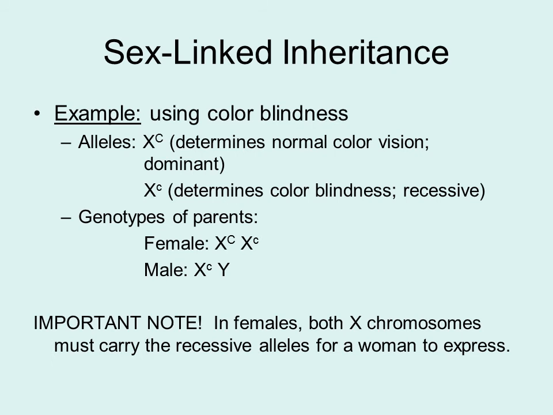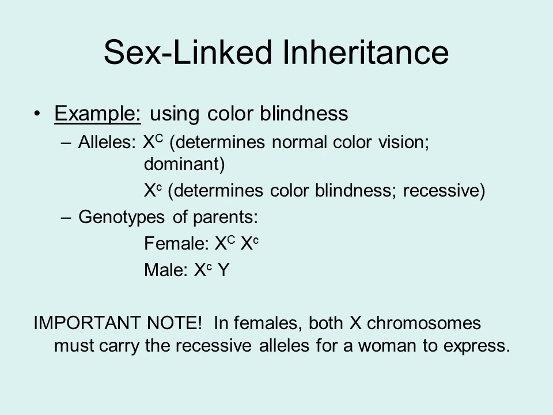They would have normal vision. They could be, as shown here, an X big C, X little c. That female would have normal vision, but she is a carrier. She could pass to her offspring that color blindness gene. The only way a female can be colorblind is if both of the X's have a lowercase c on it.